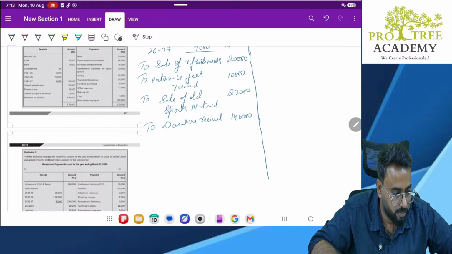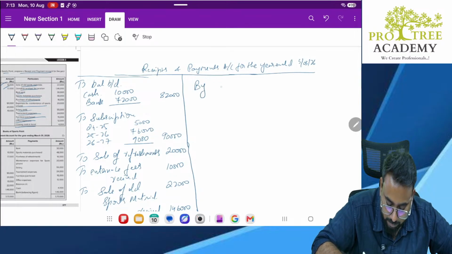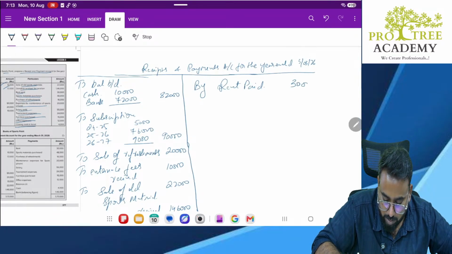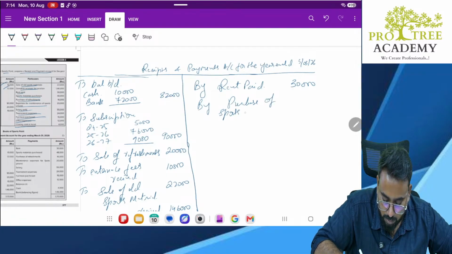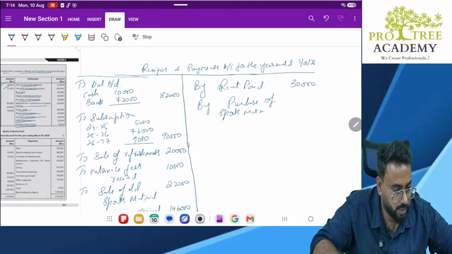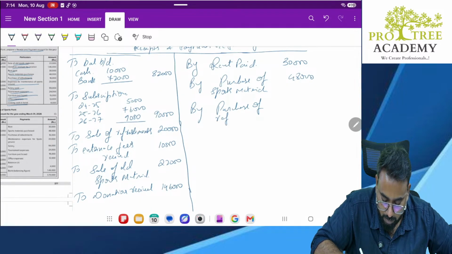We'll write it down now only. Yes, sir, we can write that down also. By rent paid 30,000. By purchase of sports material, how much? 48,000. Next, by purchase of refreshments 16,000.